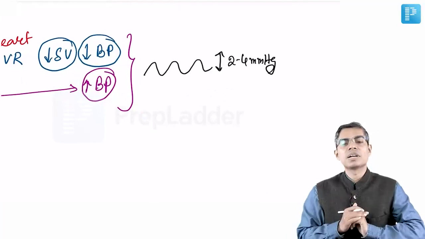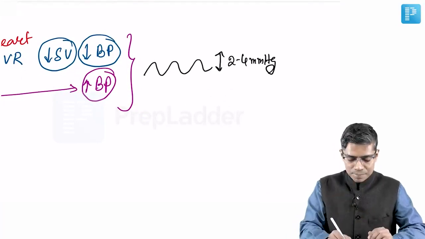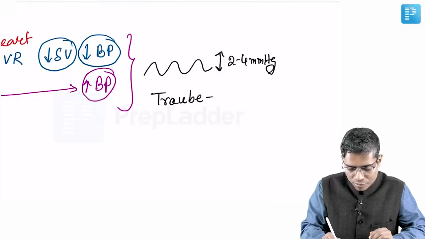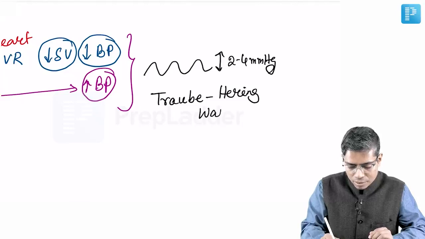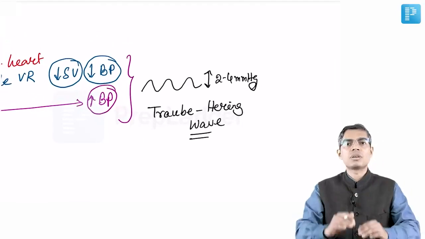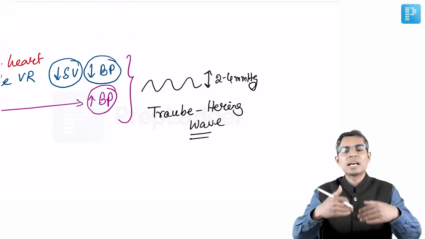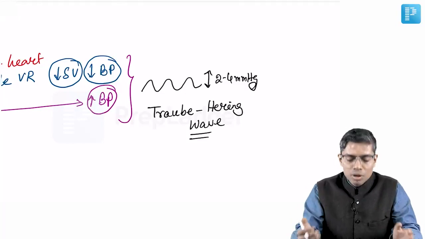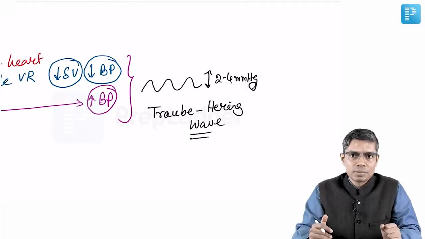This fluctuation of blood pressure with respiration is known as Traube-Herring wave of blood pressure. Getting my point? So Mayer's wave is the fluctuation of blood pressure when progressive hypotension is happening in the body, and baro, chemo, CNS ischemic response, all of them are trying to increase or decrease the blood pressure.